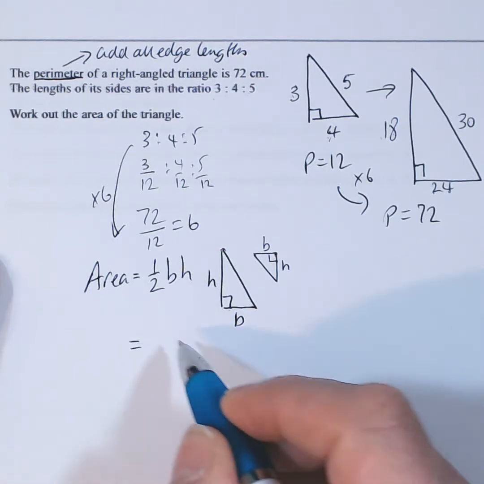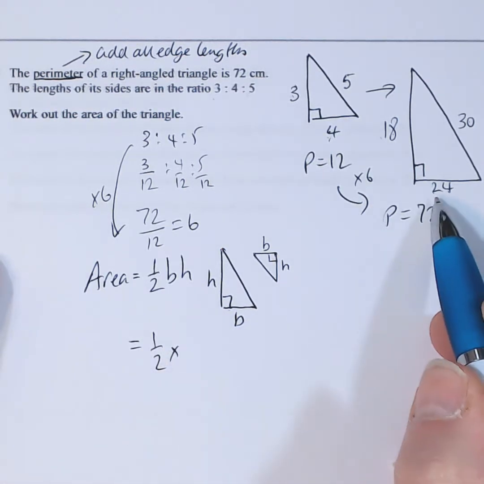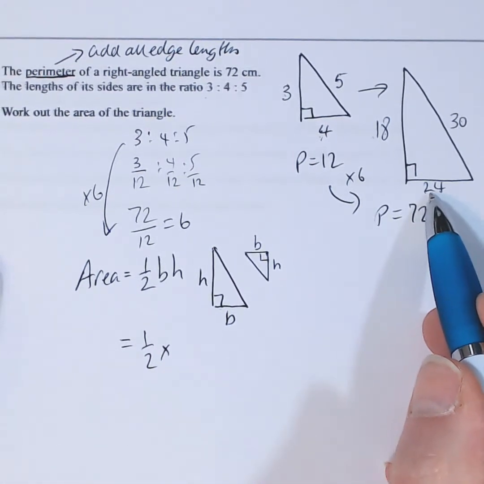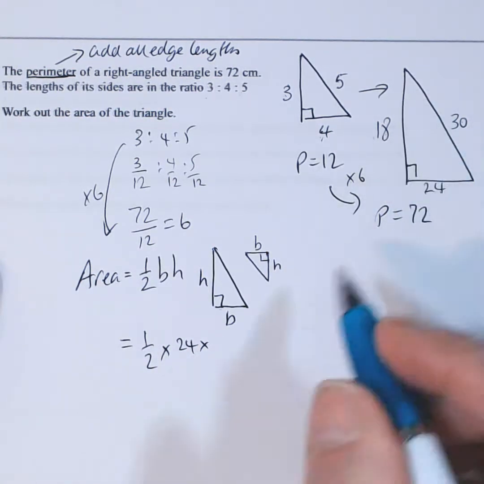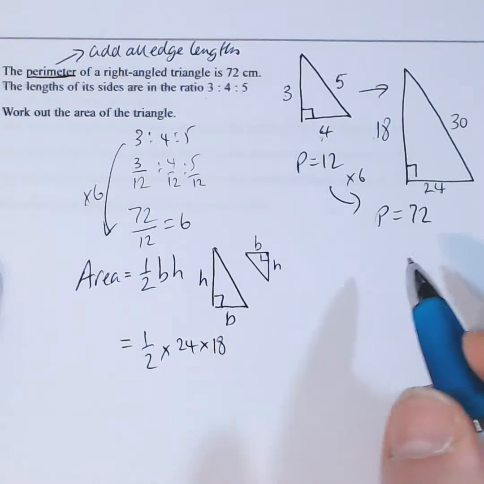So the area is going to be a half times, well, we can see from the information we calculated that the base length would be 24, and we can see that the perpendicular height would be 18 for this particular triangle.